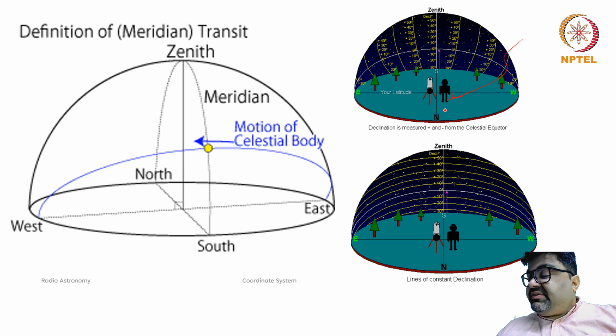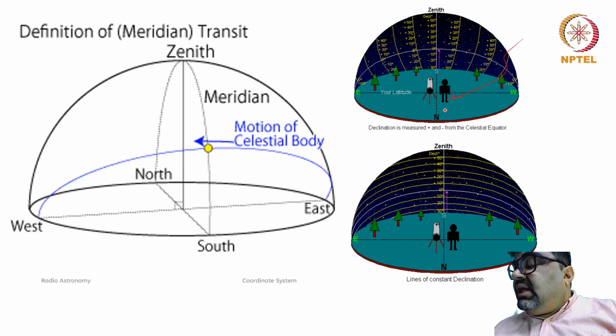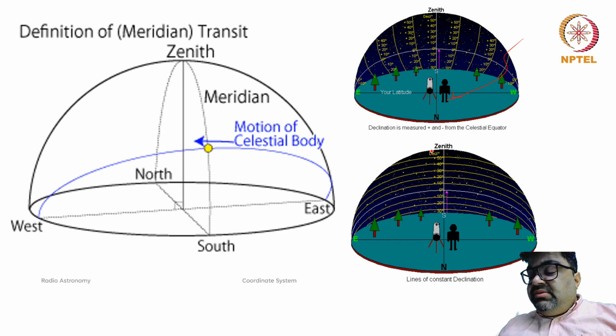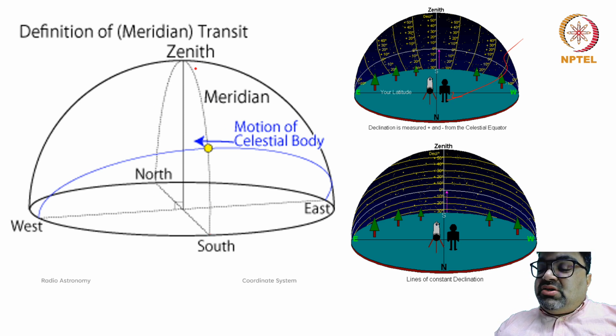The reference is in the next slide. If you point your telescope in the north-south direction, you choose a geographic north-south location and draw the imaginary line connecting this. This is your local meridian. Okay, this is known as your local meridian.